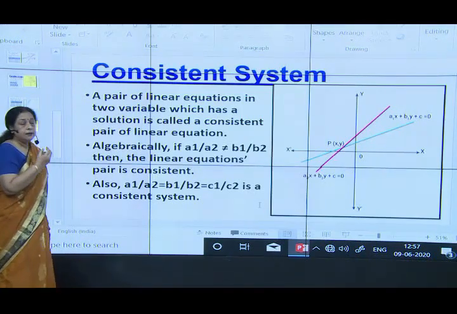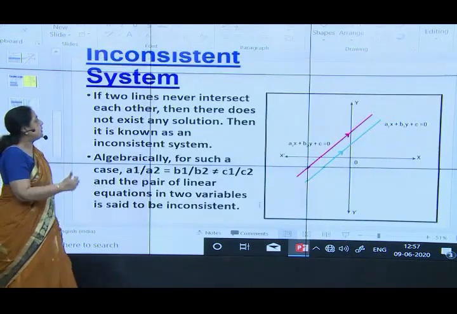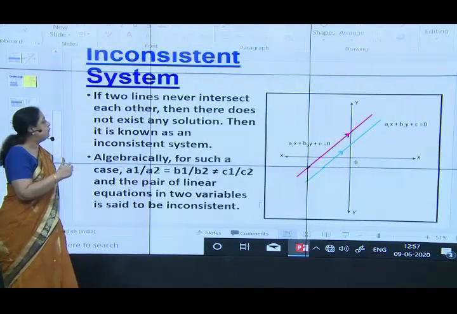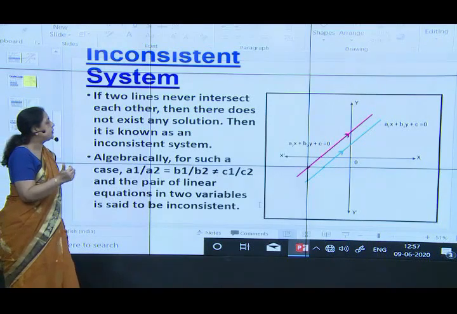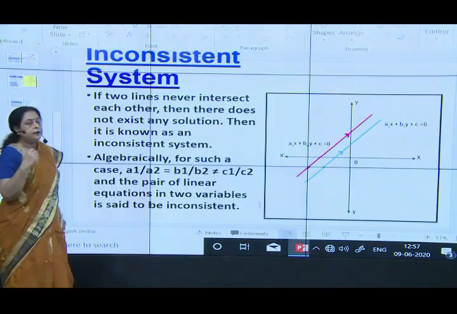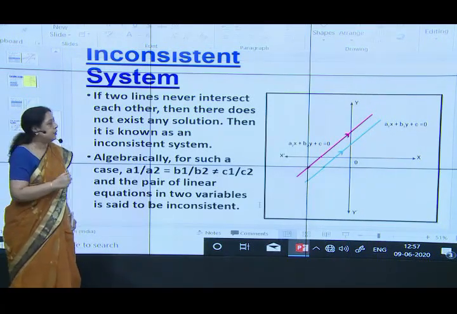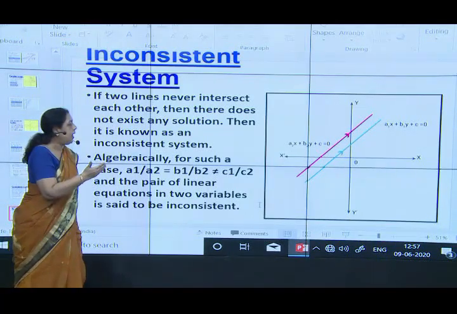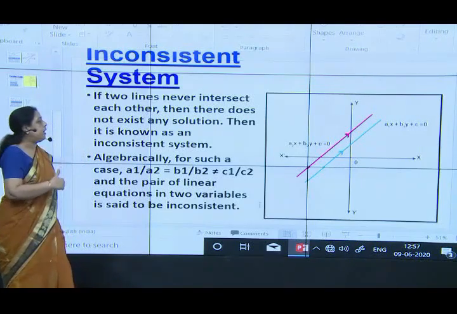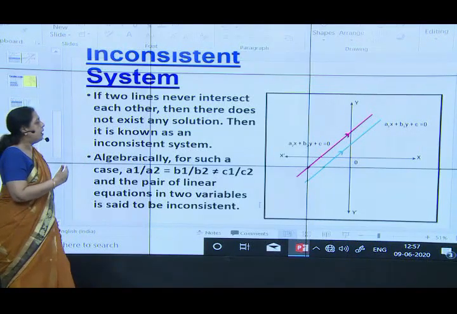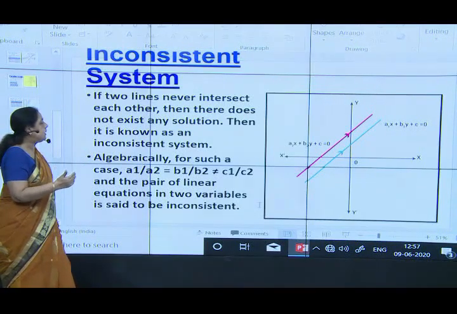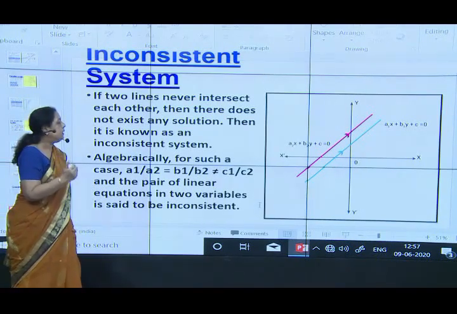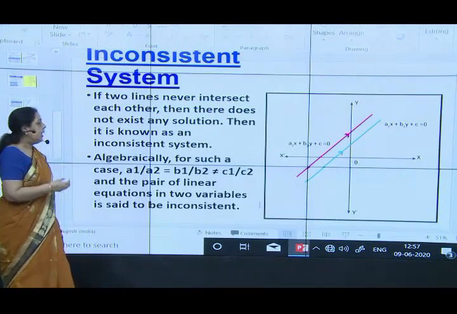Now, the inconsistent system of linear equations: in case where there is no solution, that means in case of parallel lines, this pair of equations is an inconsistent system of linear equations.